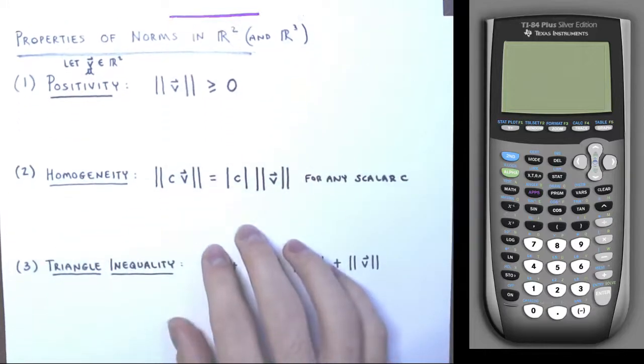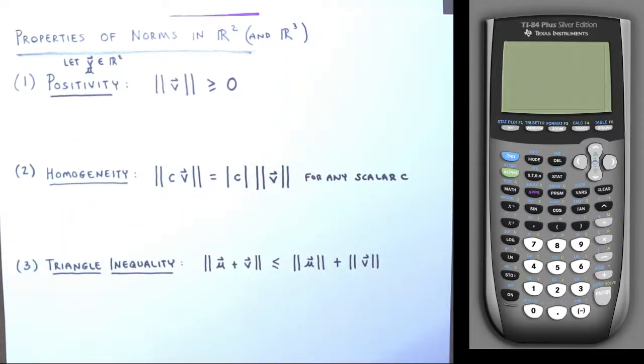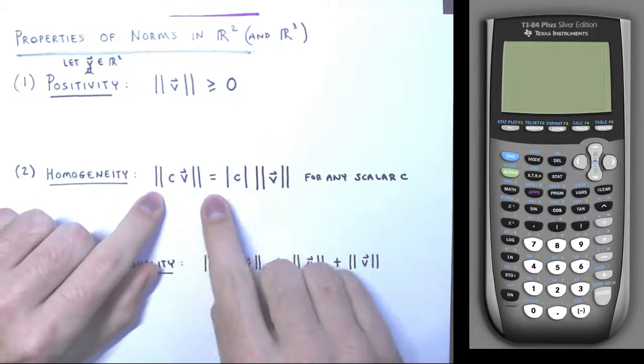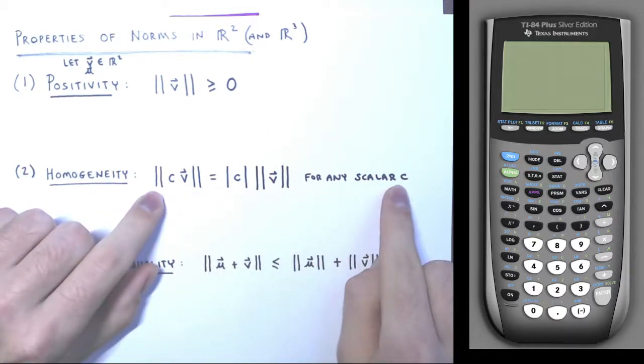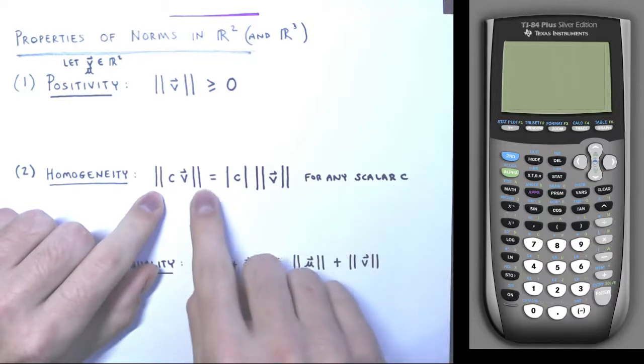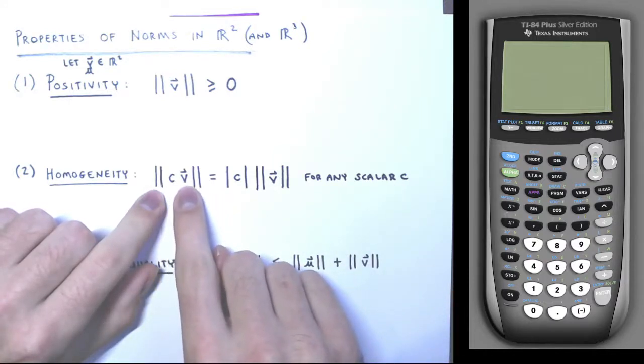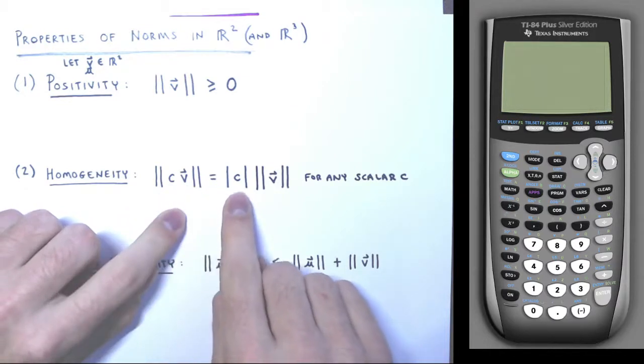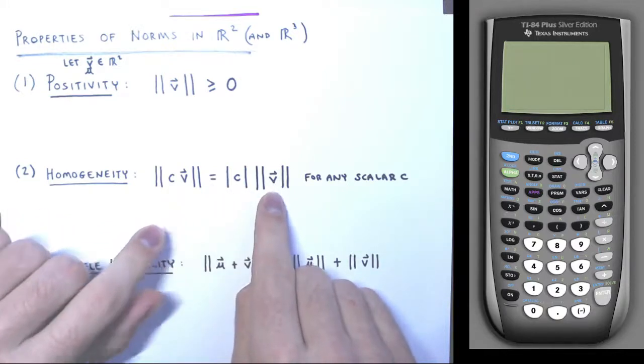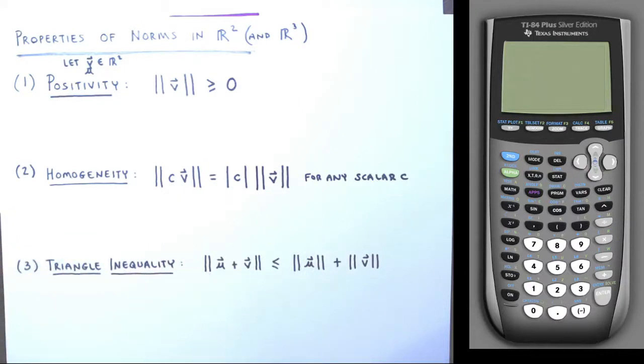Alright, and there's this homogeneity property. c is a scalar here, for any scalar c. The norm of c times v is equal to, now these single bars are actually absolute value symbols, the absolute value of c times the norm of v. And again, I'll show you a picture coming up where I demonstrate this.